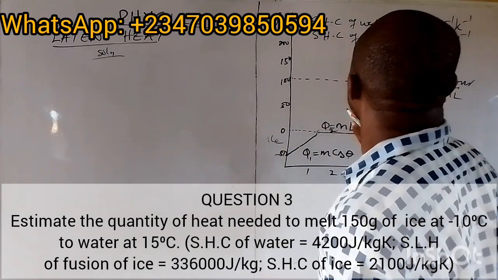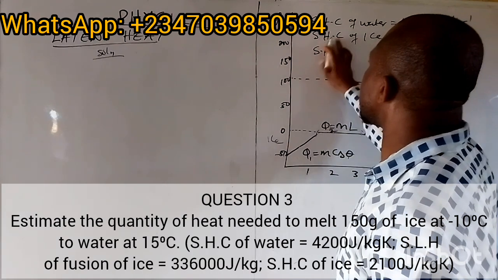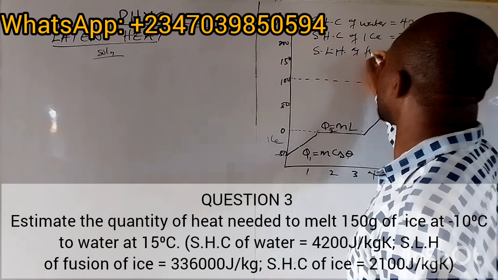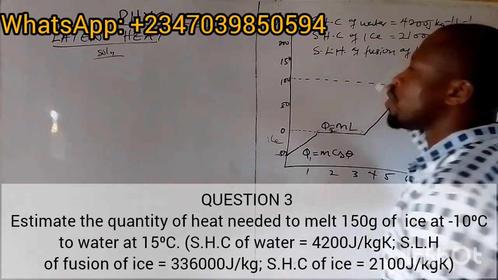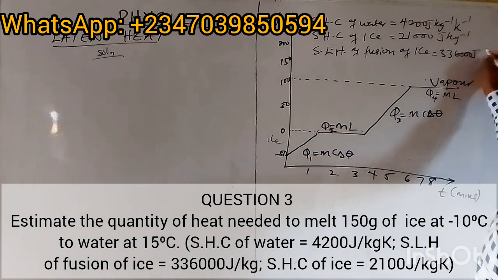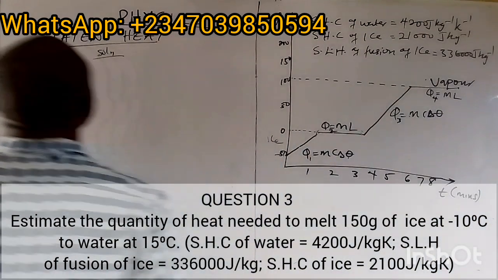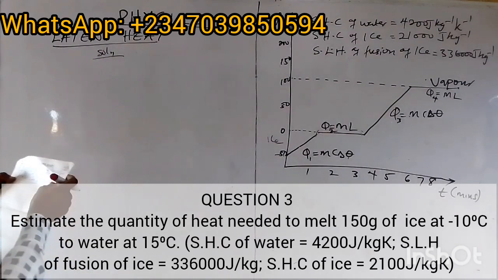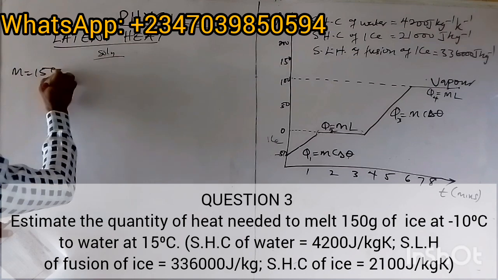Then we now have specific latent heat of fusion of ice, which will now give us 336,000 joules per kg.